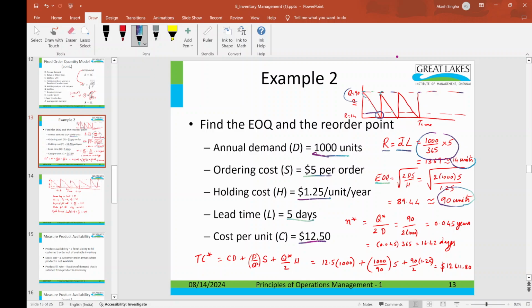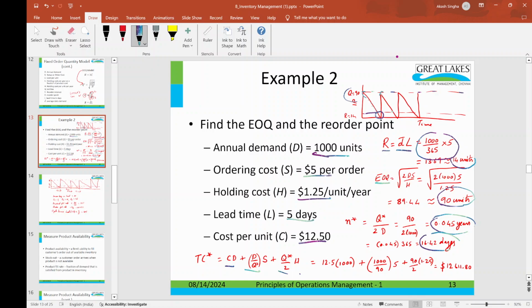Then, substituting the Q star value, you can calculate on average how long a product stays in your facility, which is 16.42 days. The total cost you can calculate by adding CD plus D by Q star into S and Q star by 2 into H.